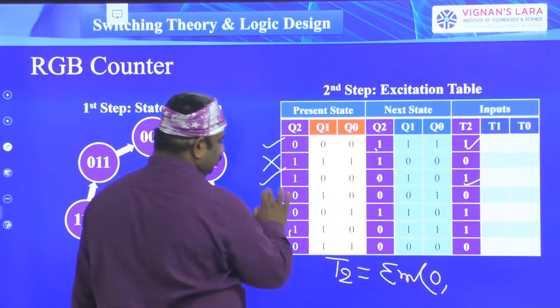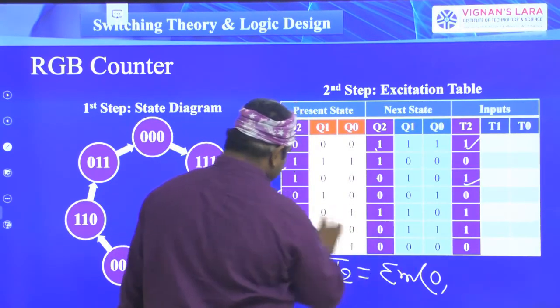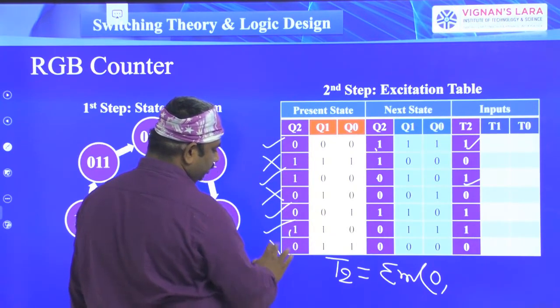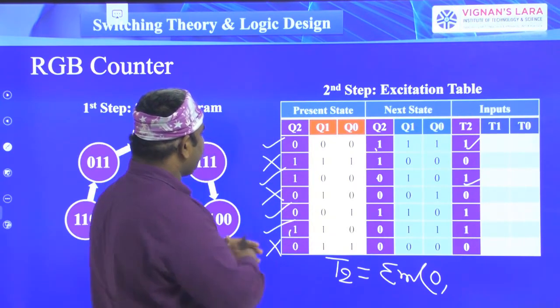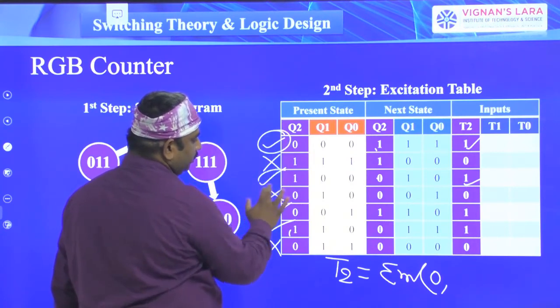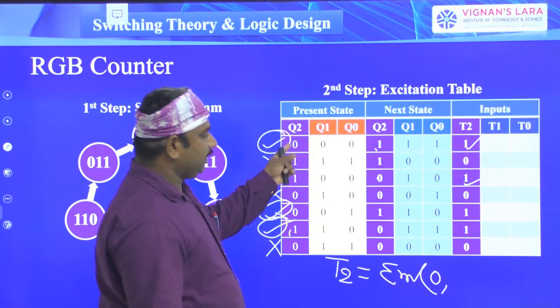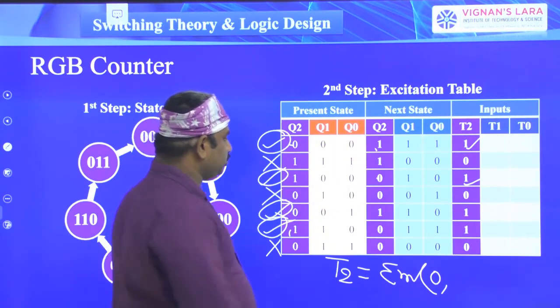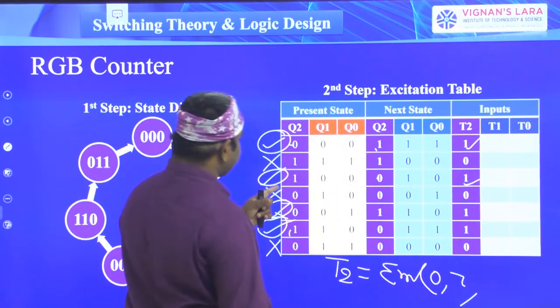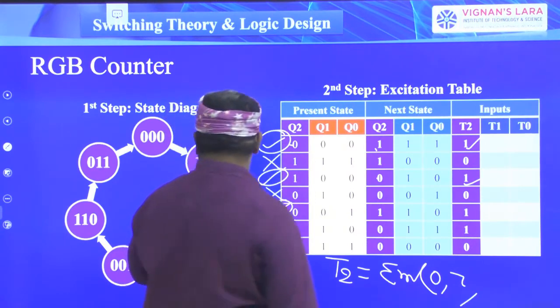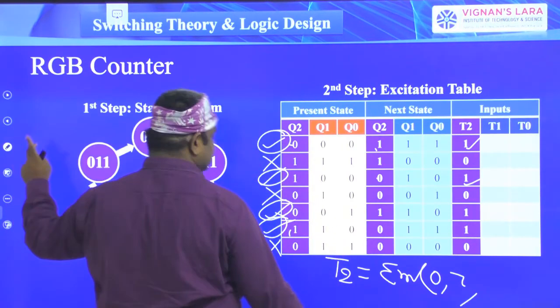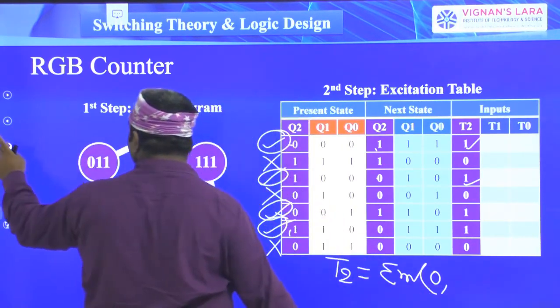Next, it is 0. Don't take this combination. Next, you have to take this one, and take this. Don't take this one. So the first combination you have to take, and the third and fifth, sixth combinations you have to take. So here it is 0, and it is 7, 0, comma, 7, comma. So 7 we are not taking here. Why?